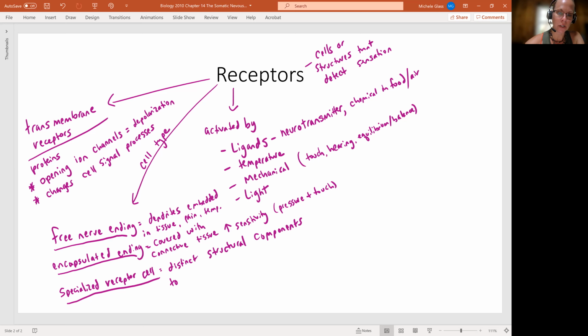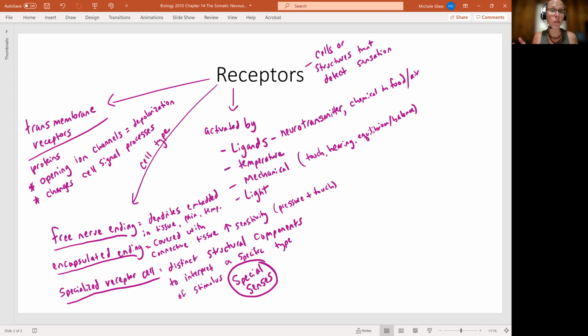These distinct structural components help to interpret a specific type of stimulus. And I'm just going to put here, we'll see this in our special senses, and we're going to define what we mean by special senses here in just a few minutes.